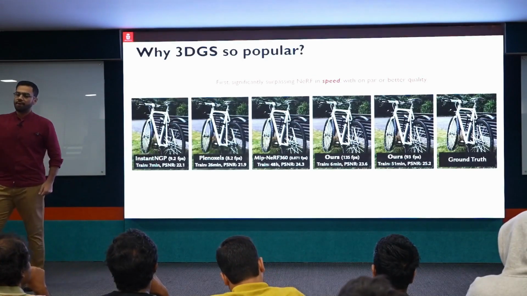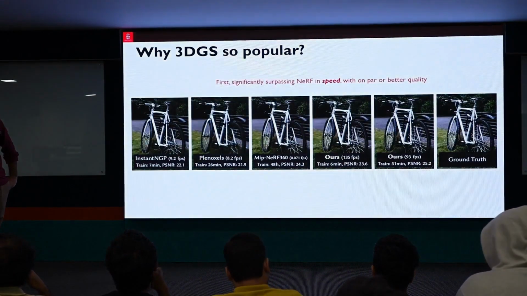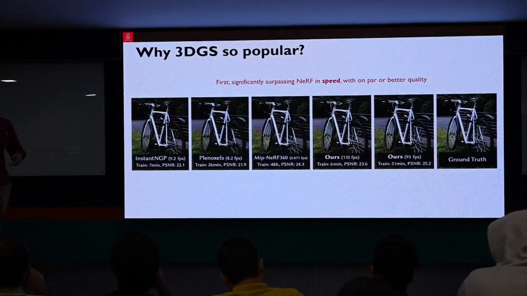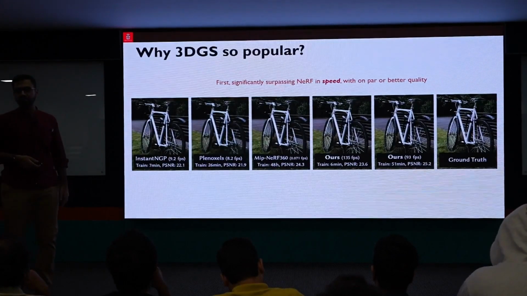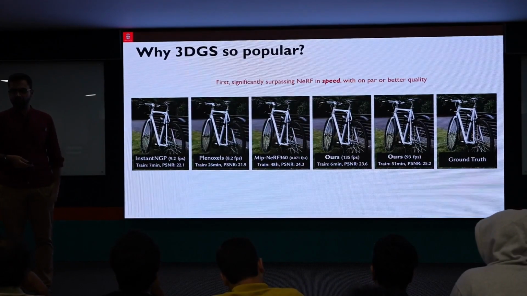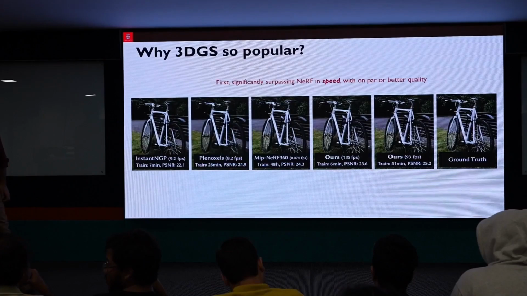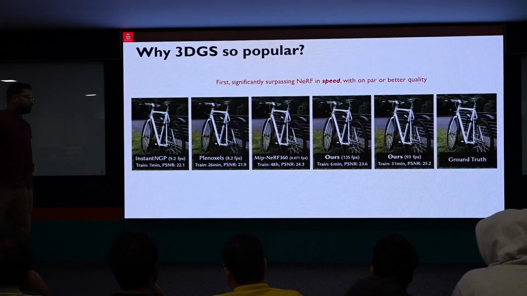Is there any difference in resolution when we compare NeRF and 3D Gaussian splats? 3D Gaussian splats usually can operate at higher resolutions because they're faster to train, and you can do 4K images, 6K images, 8K images. And is there any difference in space? Like how much memory do NeRF and 3D Gaussian splats consume? Good question.